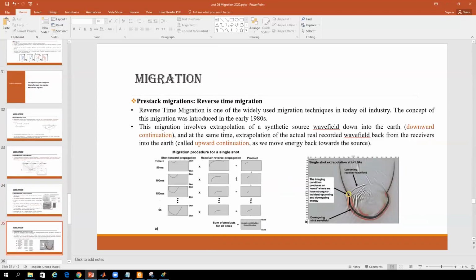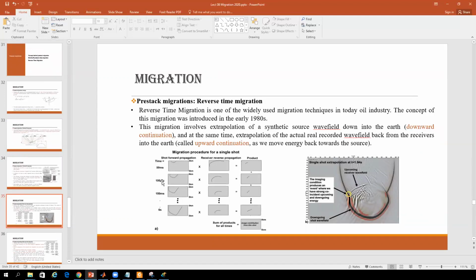In the reverse time migration, we do that at every time sample, with both the forward propagation and the reverse propagation solutions, and then we get the cross correlation, which gives us the exact location of the seismic event responsible for these upward and downward continuations. Lastly, when we sum all the products obtained from all the seismic events, we have the migrated section or migrated image using the pre-stack migration.